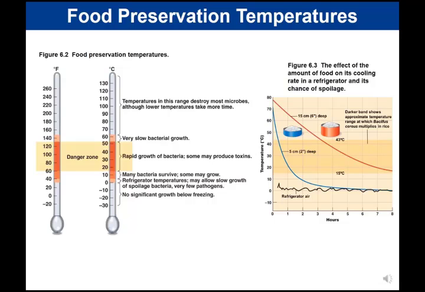If bacteria stay for a long period of time at the temperatures within the danger zone, that's going to cause bacteria to multiply very rapidly. And so in that case, typically a good rule of thumb for food safety is if it's left out for more than 2 hours, throw it out.